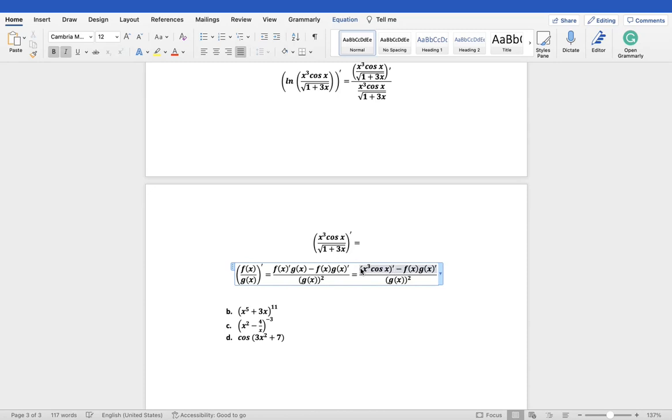Our g of x is root of 1 plus 3x, right? Which is multiplied by our f of x, which is again x cubed times cos x.